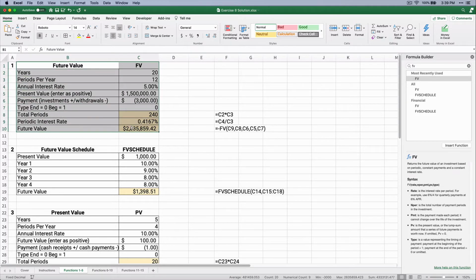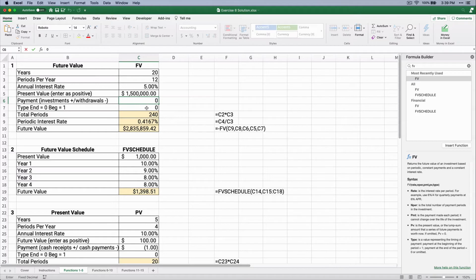So you can set it up where it can just grow, calculate if money grows. So let's do it with no payment. Let's just say that over 25 years, we're going to do an annual interest rate, and the annual interest rate is, let's say, 9%. You have $10,000, and the total periods is 25 years.